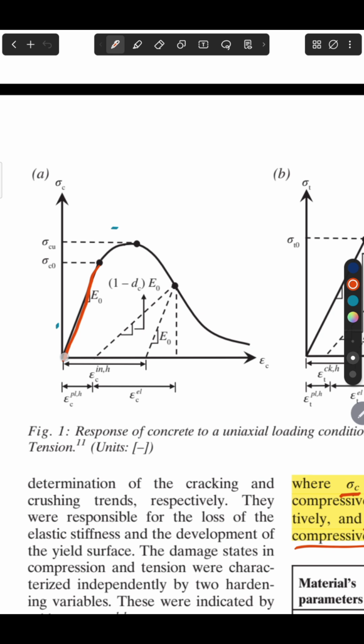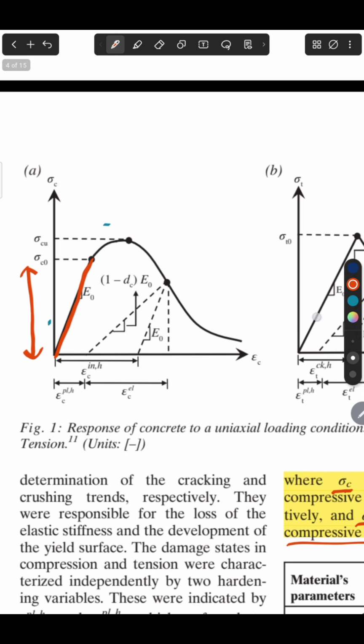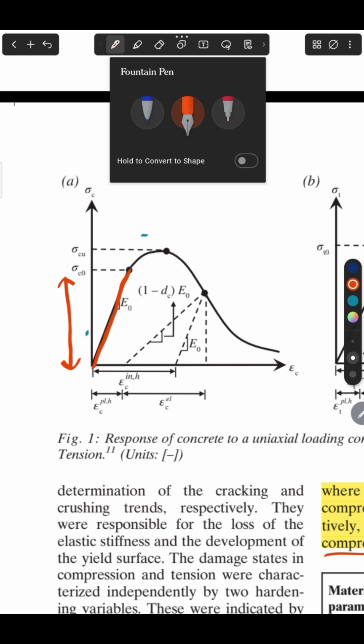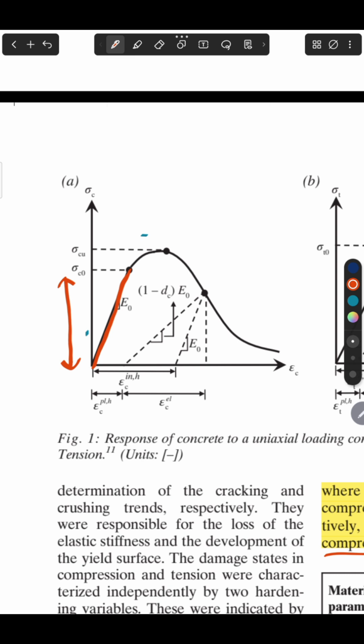Up to this limit it is the elastic region, and somewhere under this region sigma c will lie, which will be less than 0.5 times sigma cu. So 8 is less than 0.5 into 25.